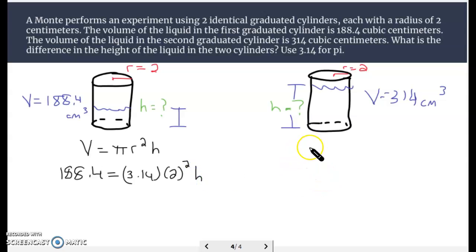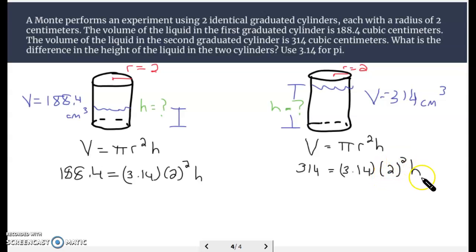Let's set up this other one. The volume, let me write it again, volume equals pi r squared h. This time the V, volume, is 314. We still have 3.14 for pi. The radius is also 2. And we got to figure out the height.